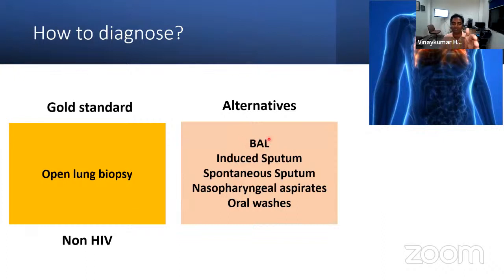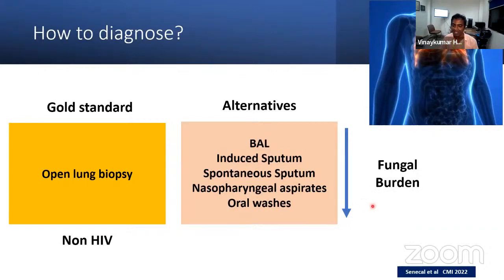In the absence of bronchoalveolar lavage fluid, people have used induced sputum, spontaneous sputum, nasopharyngeal aspirate and oral washes. Now, the point that you need to remember is that the sensitivity of the tests and the fungal burden go on reducing as you come from the lower respiratory tract to the upper respiratory tract.